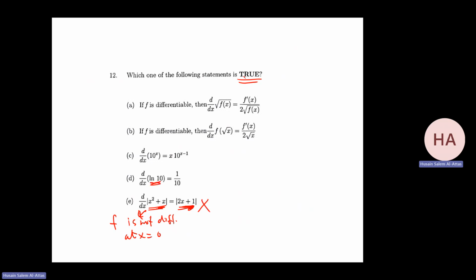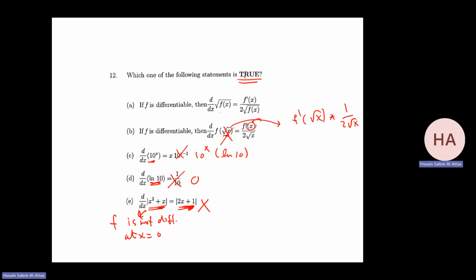This is ln 10. This is a number. So the answer should be 0. This is 10 to the power x. So the answer should be 10 to the power x ln 10. So this is wrong. Here, what's the derivative of this? The derivative of this is f prime at square root of x times 1 over 2 square root of x. So I'm missing a square root of x here.